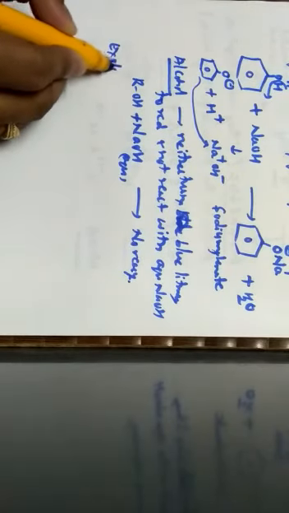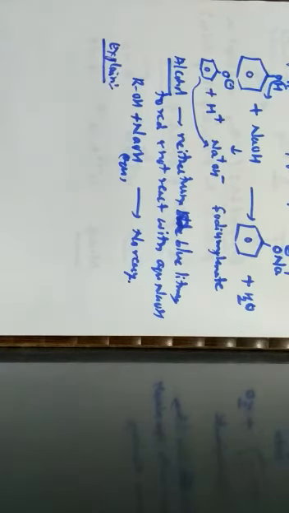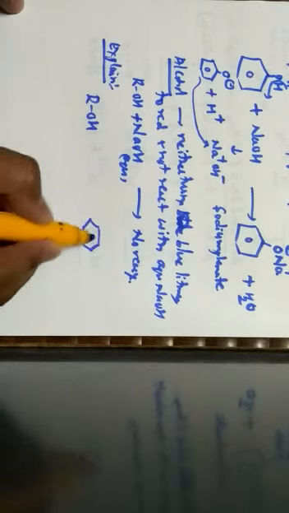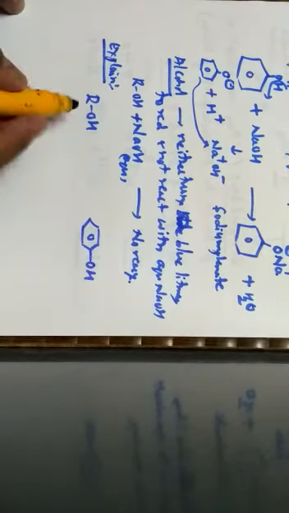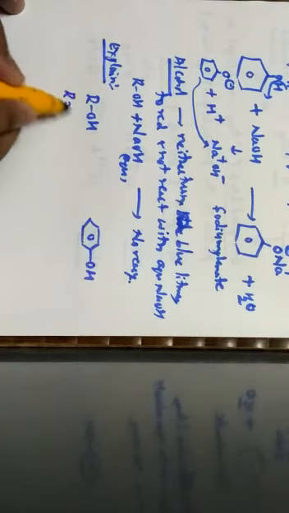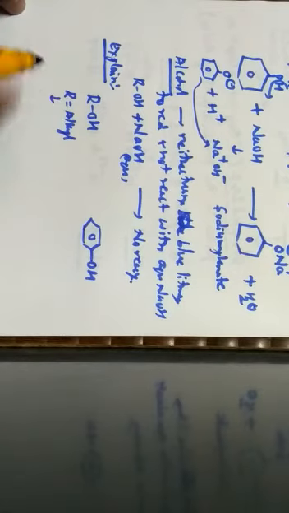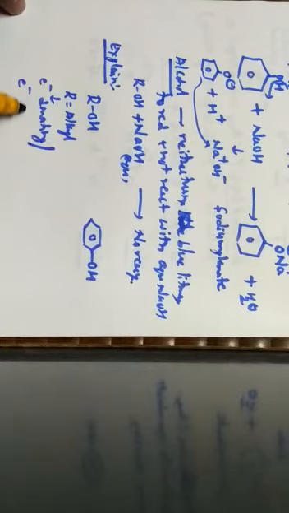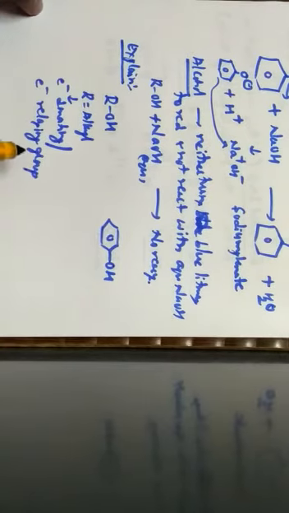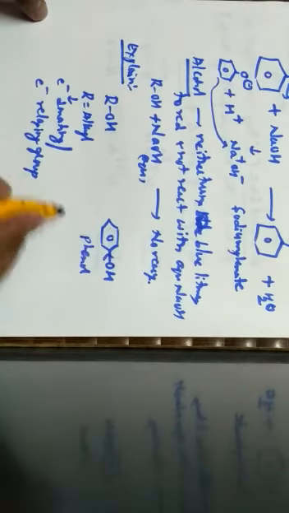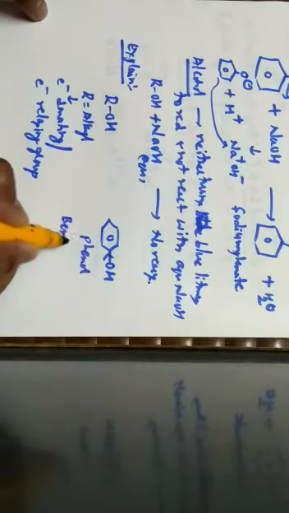So what are the major explanations that have to be known in the comparison of acidic strength of alcohol as well as acidic strength of phenol? Let us analyze. So here R is considered as an alkyl group, where this alkyl group is electron donating in its nature, or I can also call it an electron releasing group. But when it comes to phenol, in phenol there is an aromatic ring, that is the benzene ring.